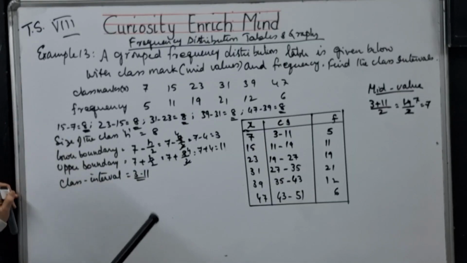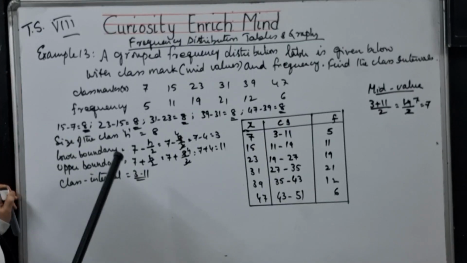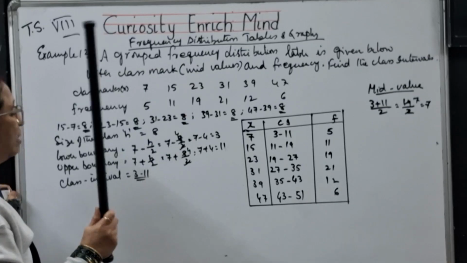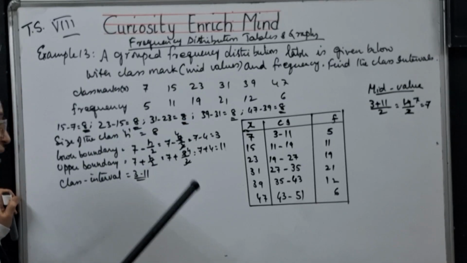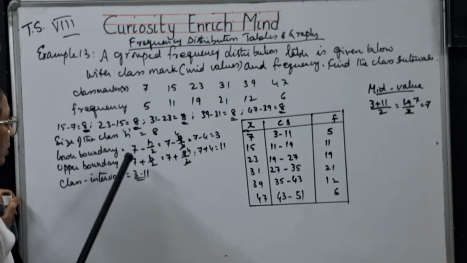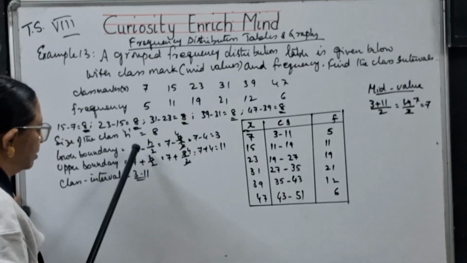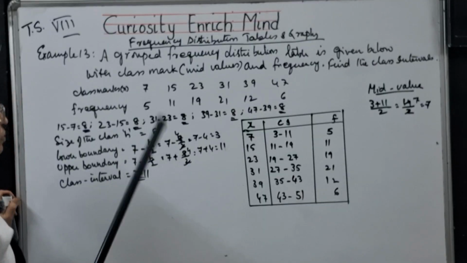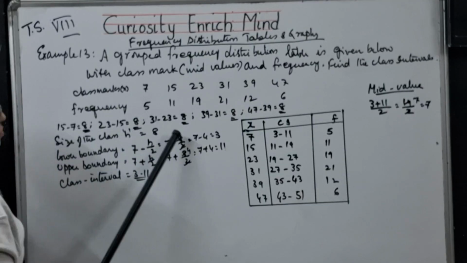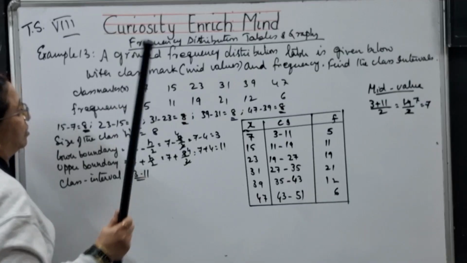Since we have got the differences as 8, we take this 8 as the size of the class, which is considered as h. Now, to get the class intervals, take the mid value given to us, and for the lower value do minus h by 2. That is 7 minus 8 by 2, 7 minus 4, that is 3.